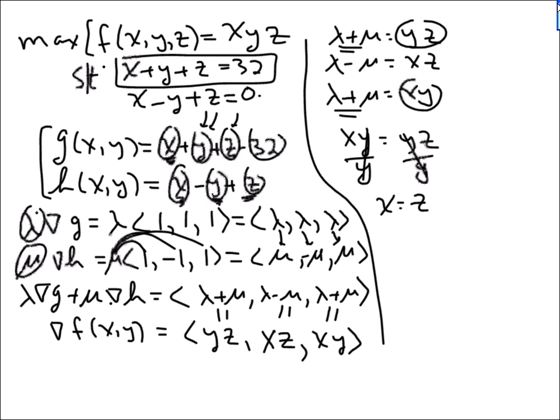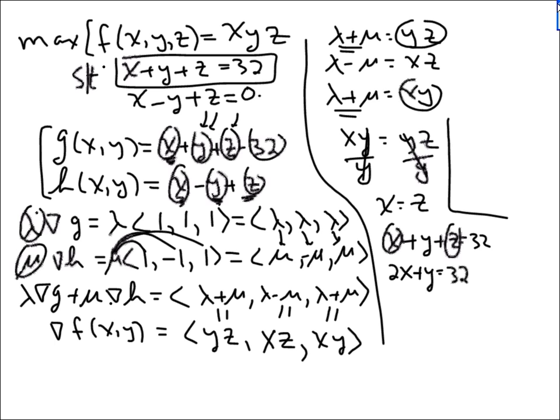So I'll go to the first constraint. x plus y plus z is 32. That's z, that's x. x plus x is 2x, so 2x plus y is 32.